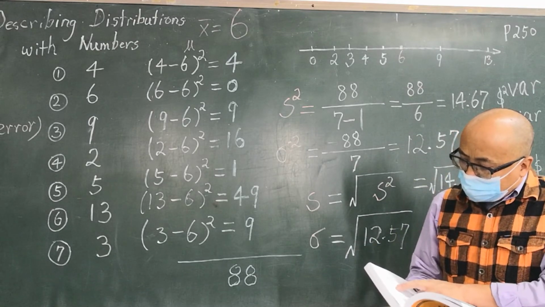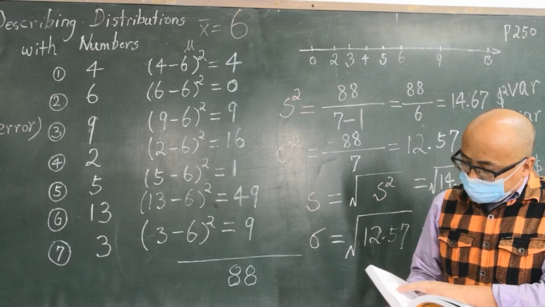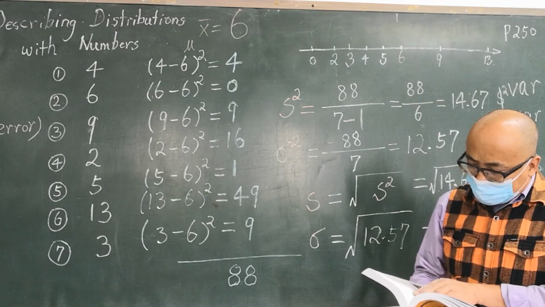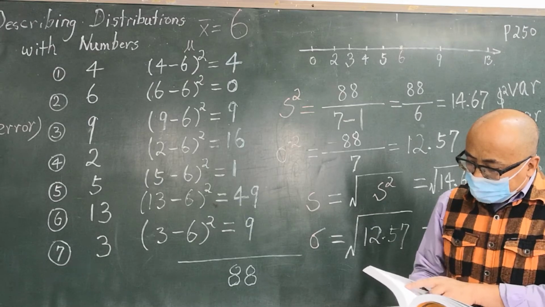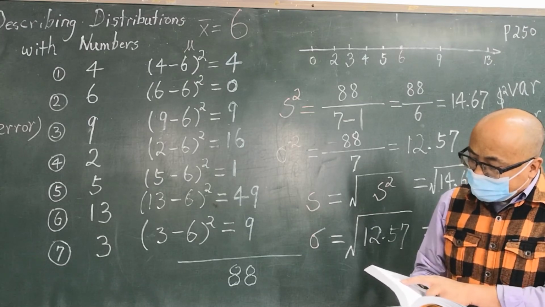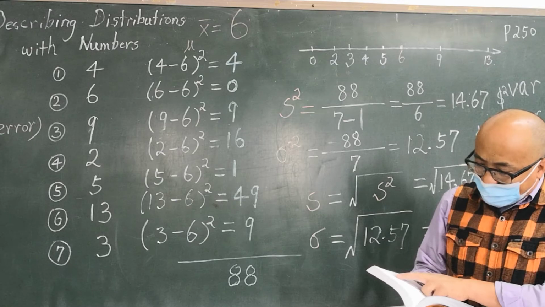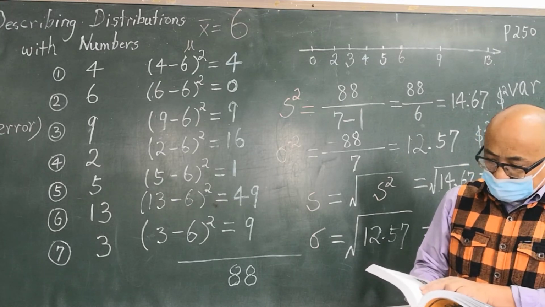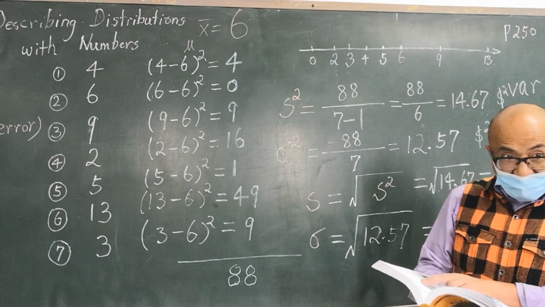So, page 251. It is usual for good but somewhat technical reasons to average the squared distance by dividing their total by n minus 1 rather than by n.